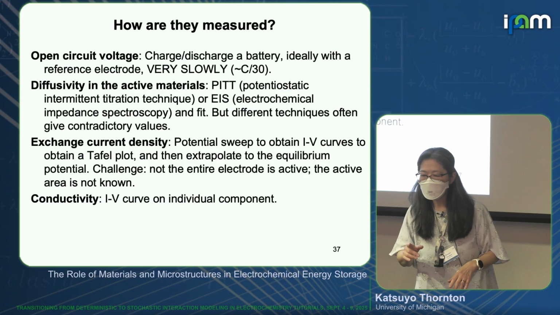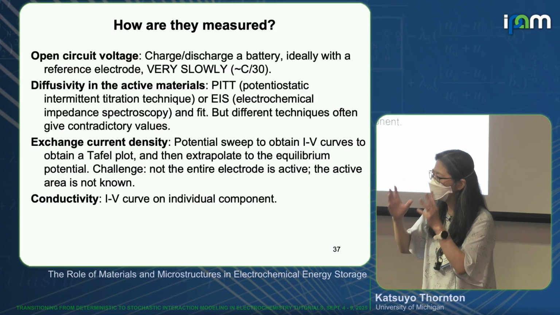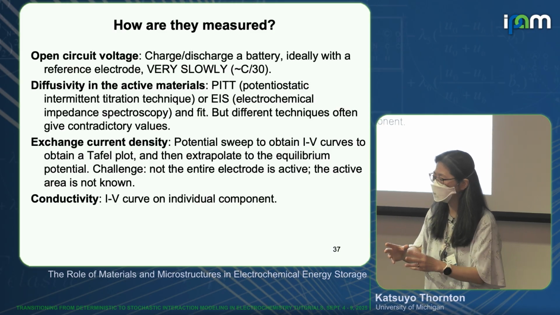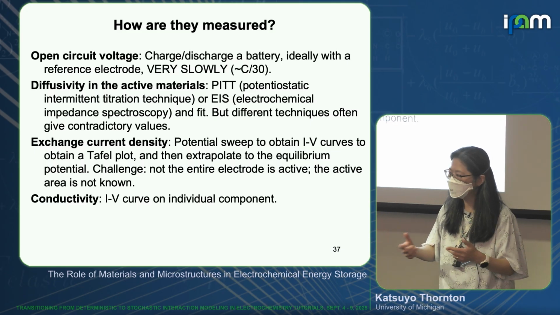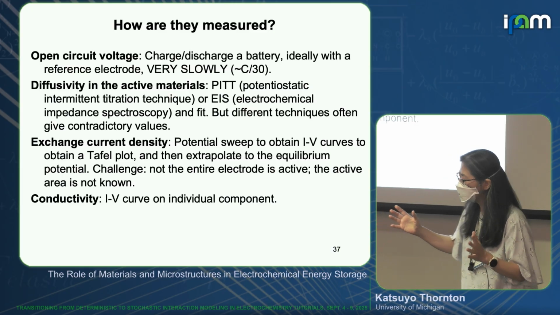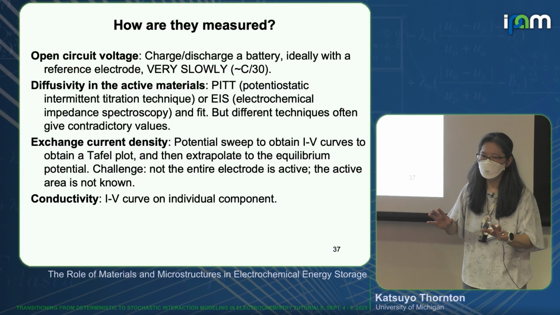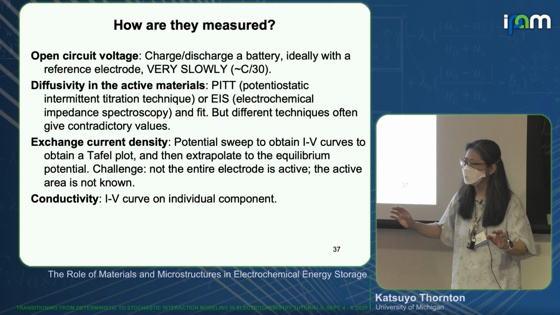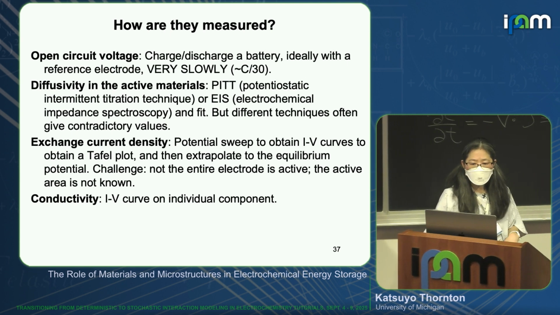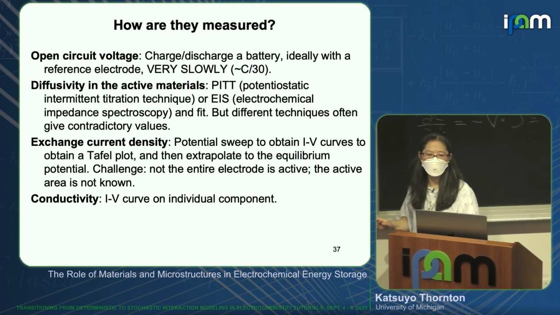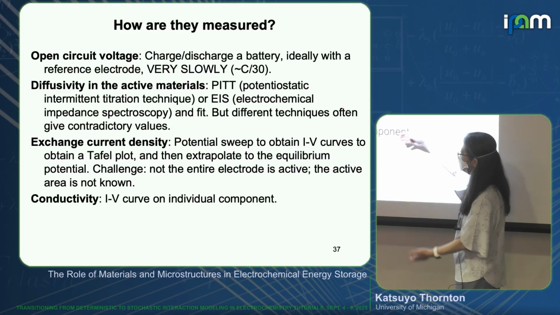We actually need it per area of the active working electrode surface. And we don't know how much of the electrode is actually working. So that's a challenge, and there's usually a big error there.